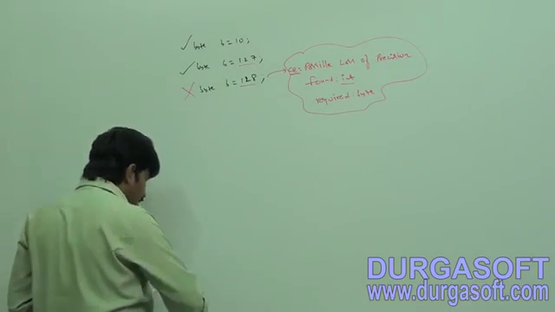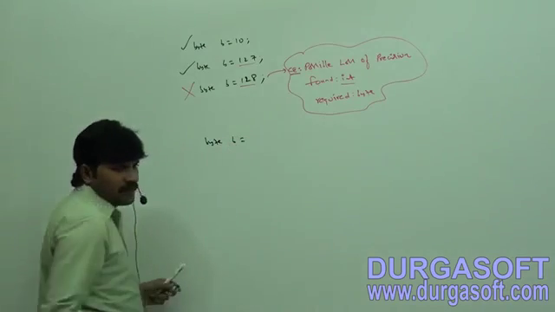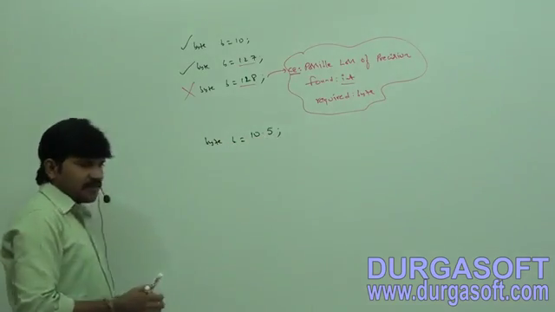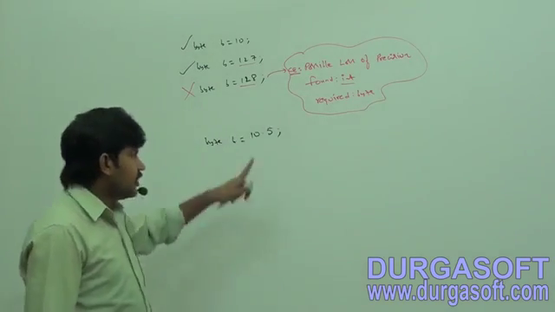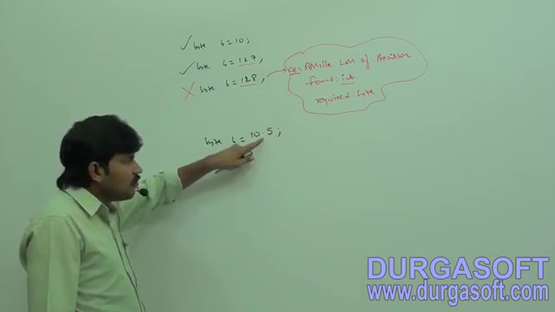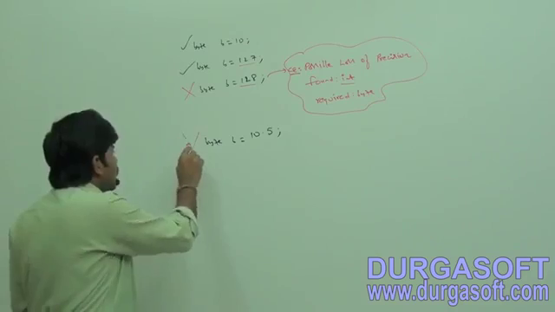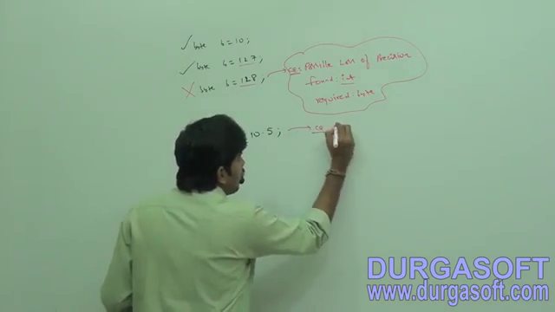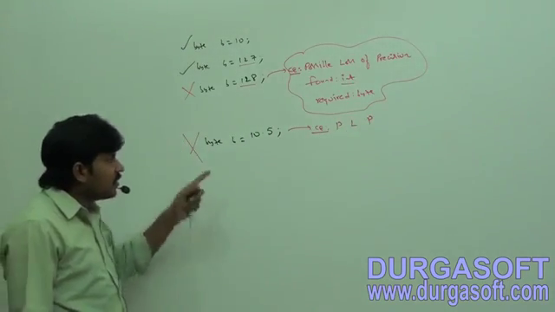Similarly, byte b is equal to 10.5. Sir, is it valid or invalid? Invalid, because it is also a number, but 10.5 you can't assign. That's why we are going to get a compile time error, the same one: possible loss of precision.